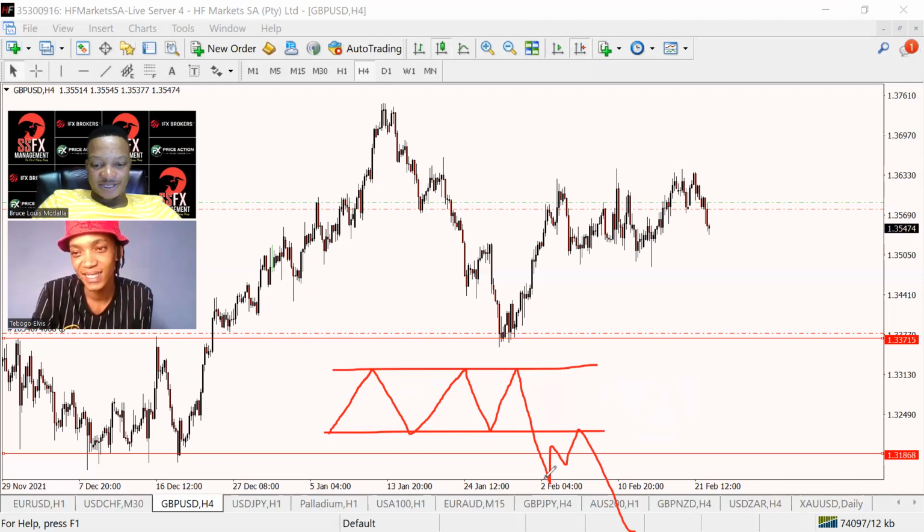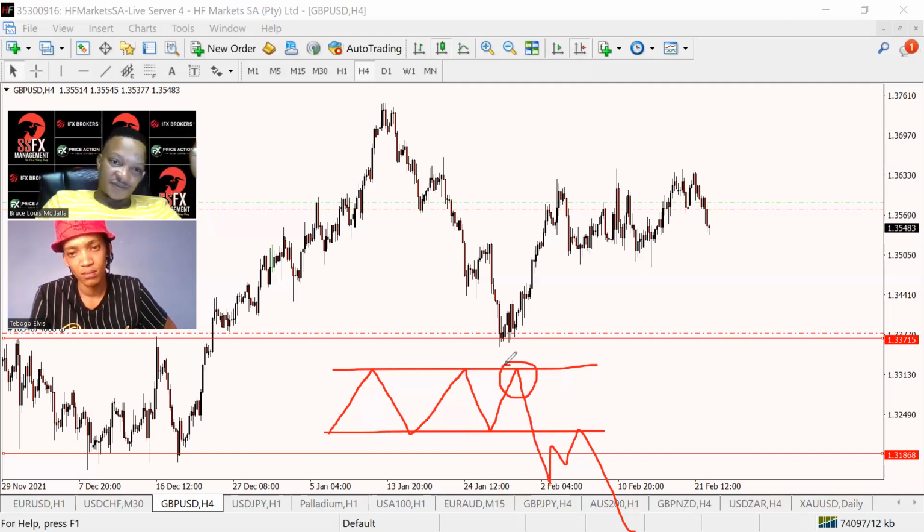Remember, you'll see that when we do candlestick patterns, sometimes it's going to give you a significant engulfing candle here. If it gives you a significant engulfing candle, it means there is a chance it's going to break going down, because this is a strong sell signal.